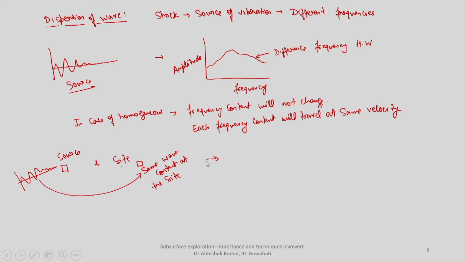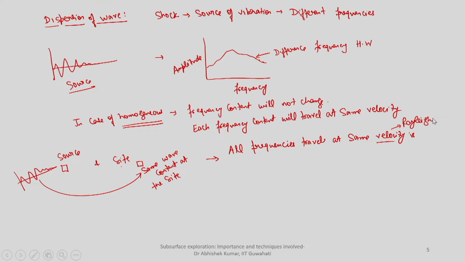Now, this characteristic is particularly for a homogeneous medium. The medium in which all frequencies travel at the same velocity, such a medium is called, again I am talking in terms of Rayleigh wave velocity, because we highlighted the advantage of Rayleigh waves.